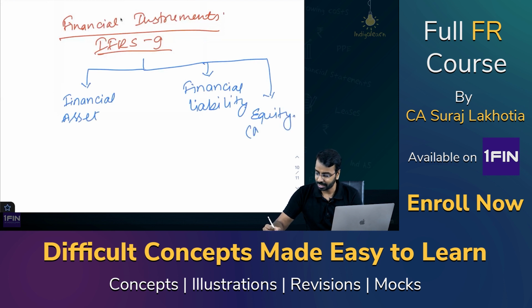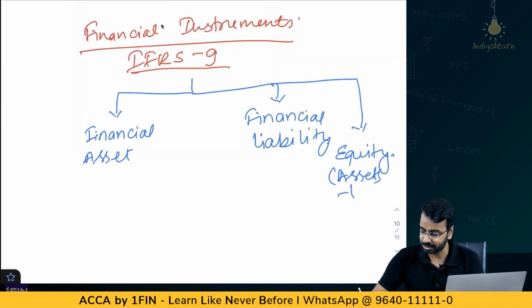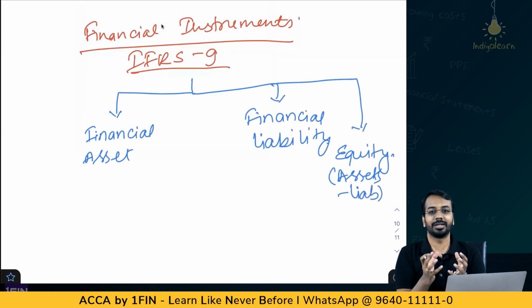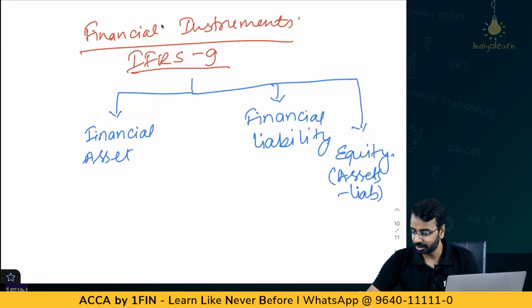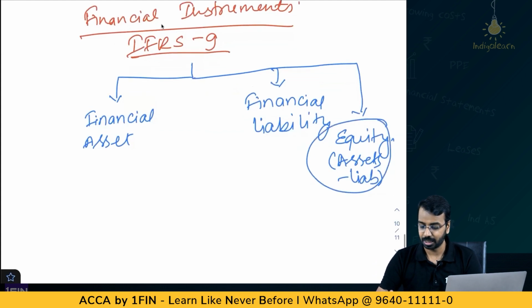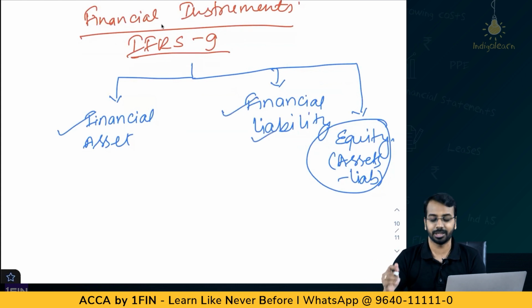So this equity is assets minus liabilities. The residual portion, whatever is left over in the entity, is called equity. Now, a financial instrument will be a financial asset for one entity, let us say company A, and a financial liability or equity for another entity.